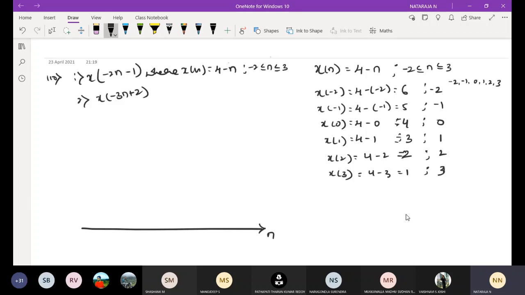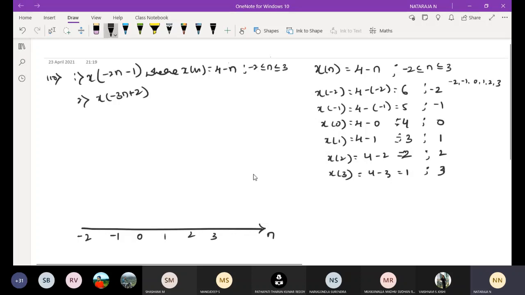This is n. The signal starts at minus 2, minus 1, 0, 1, 2, 3. First one, what is the amplitude at minus 2?